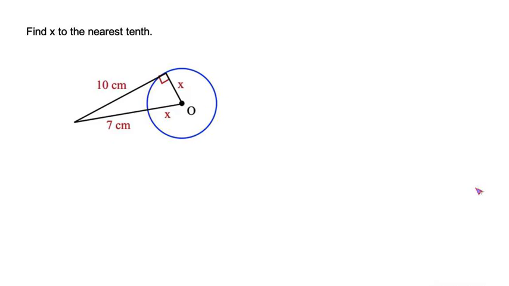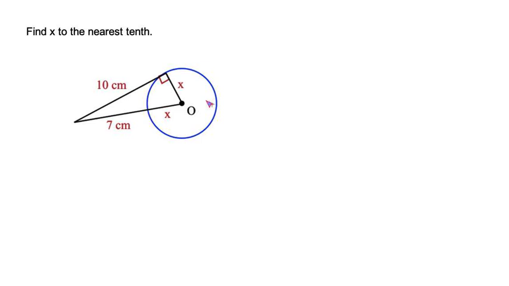In this next example, our directions are just to find x to the nearest tenth. What I notice right away, since a tangent is illustrated, is that we have a right triangle. And we're looking for one of the legs, but also, remember, these would have to be the same measure, both of these x's, because they are radii of the same circle.